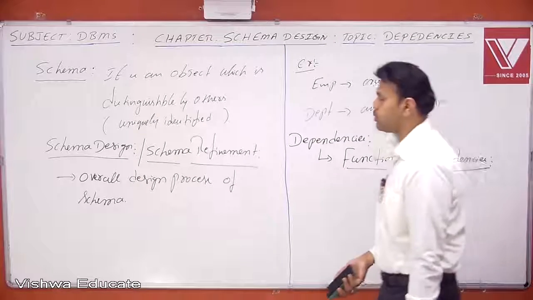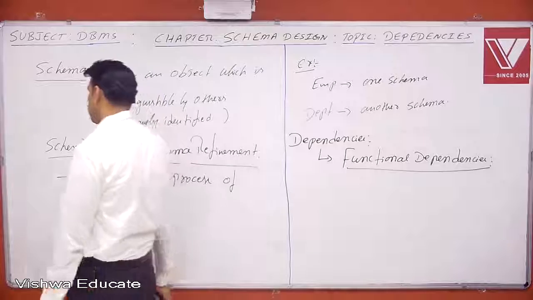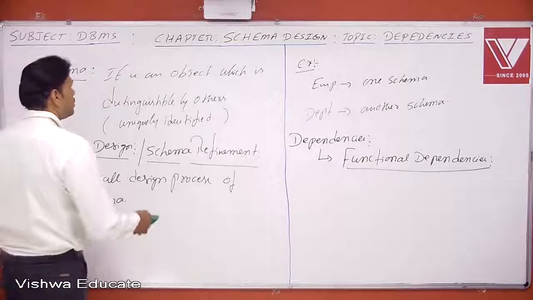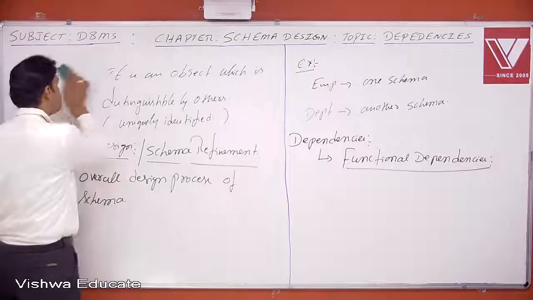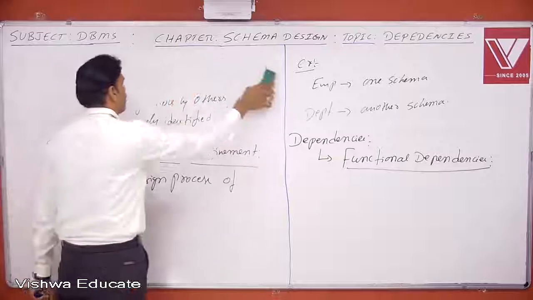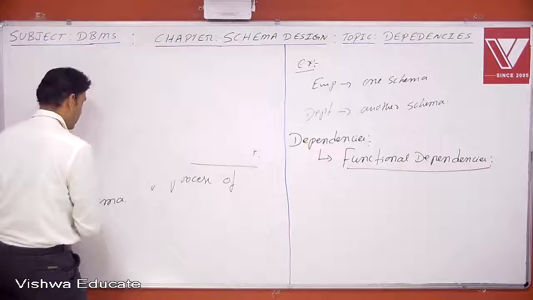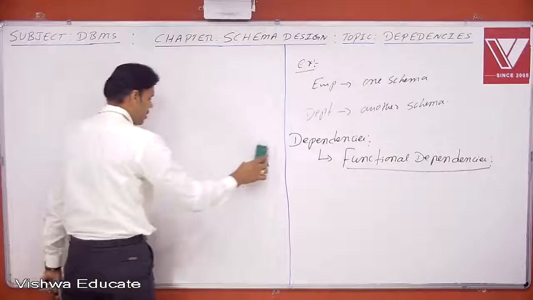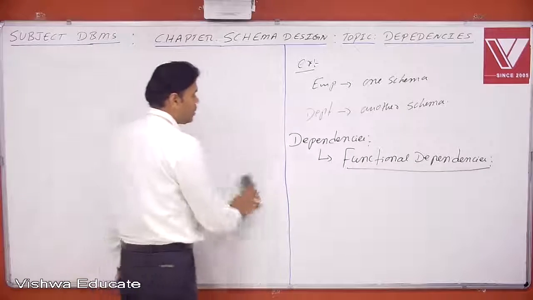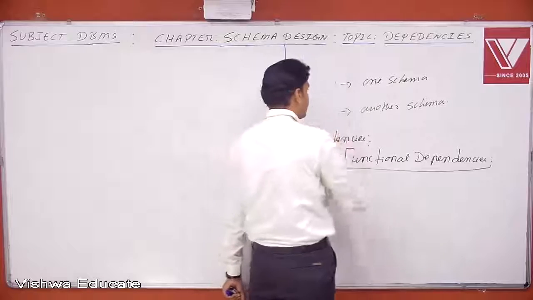Okay students, I hope you have copied. Now schema design is a very important topic in the GATE examination and other public sector undertaking examinations. Why? It rules the complete database management subject.